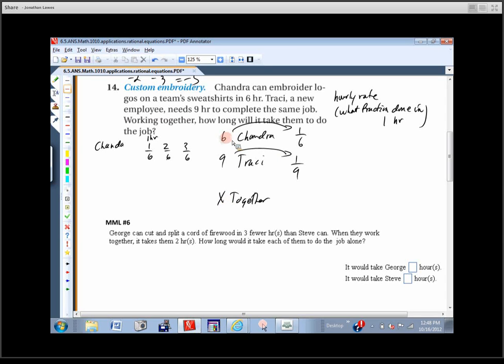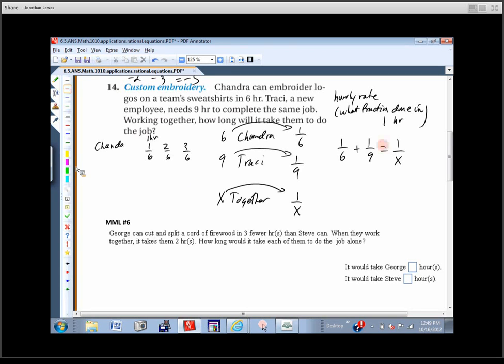Well, if I took how many hours it took and did the reciprocal to figure out the hourly rate for each one of them, what would I do for the hourly rate together? 1/x. So if I take Chandra's hourly rate and add it to Tracy's hourly rate, shouldn't that equal their hourly rate together?